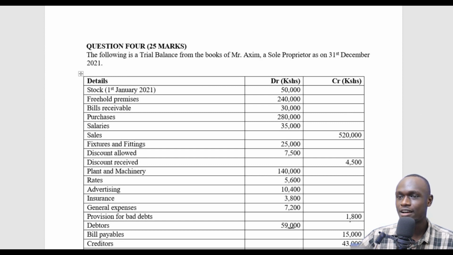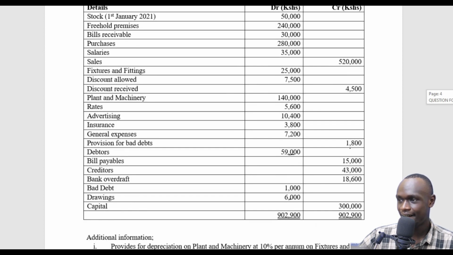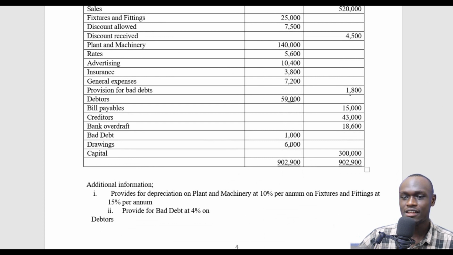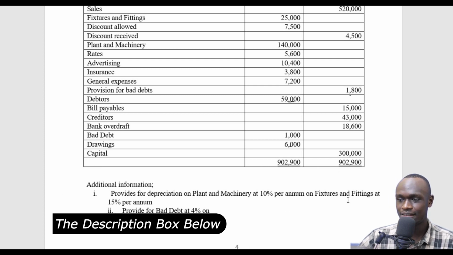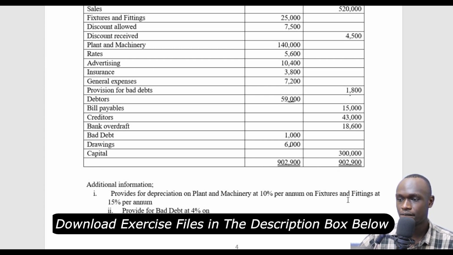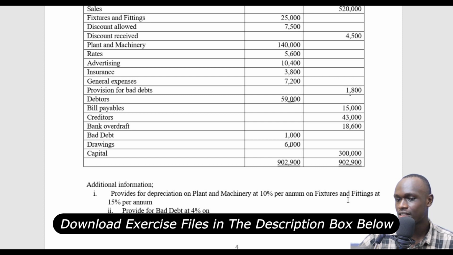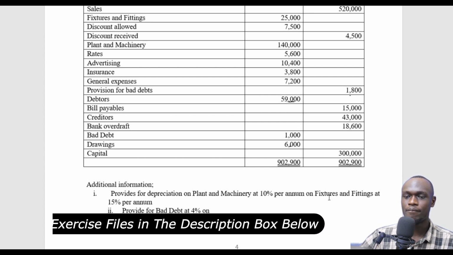The following is a trial balance from the books of Mr. Axim, sole proprietor, as on 31st December 2021. There's the information, then additional information. Provide for depreciation on plant and machinery at 10% per annum, on fixtures and fittings at 15% per annum.